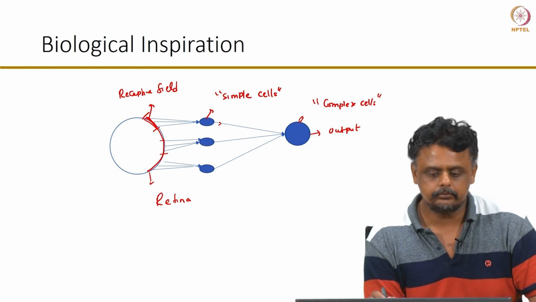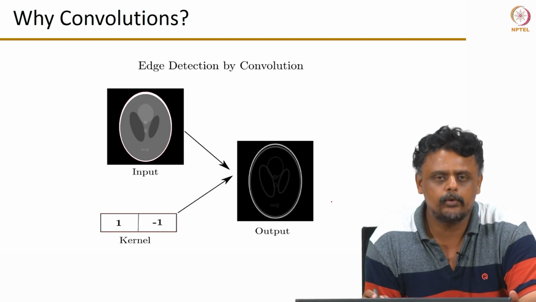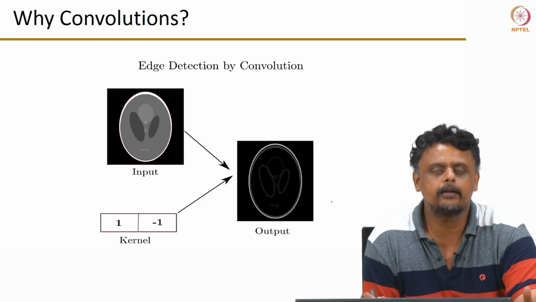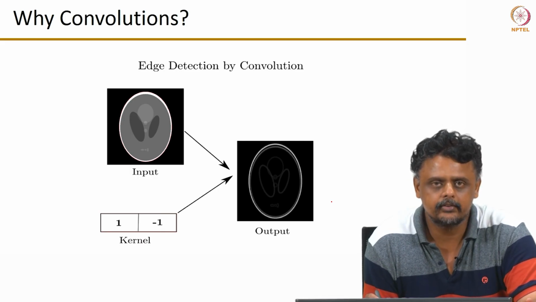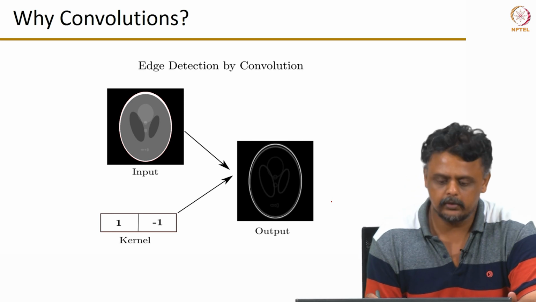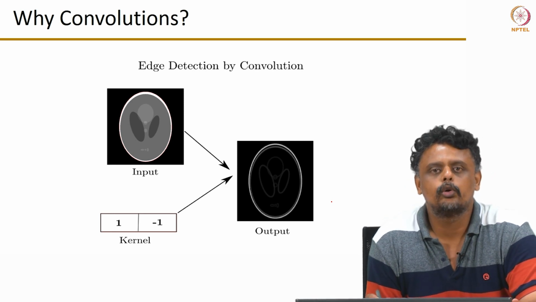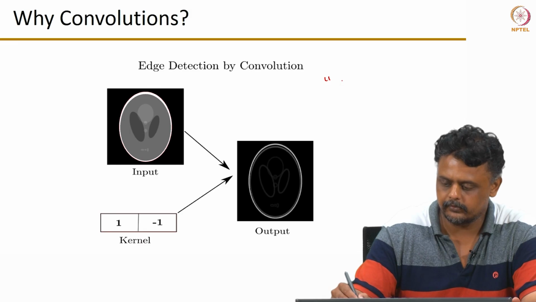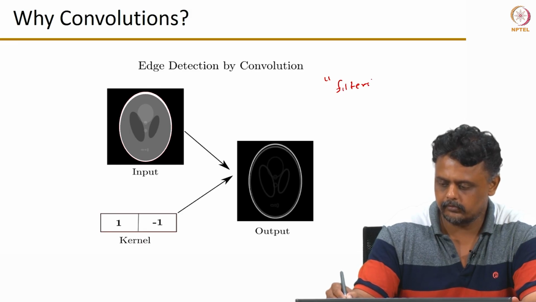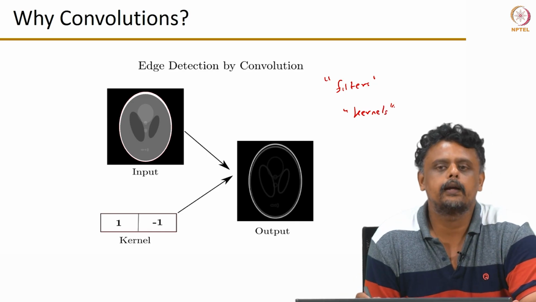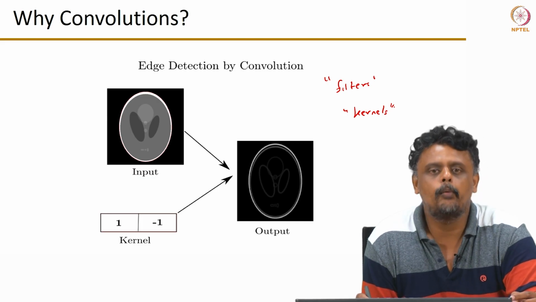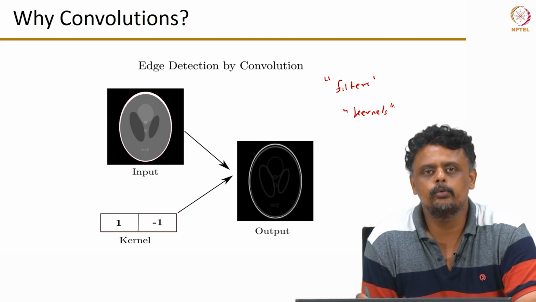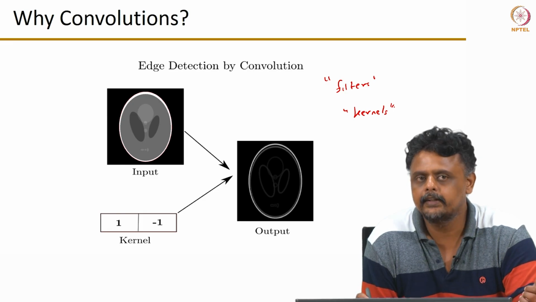So, another way of looking at why you use convolution is that if you go back to signal processing or conventional image processing techniques, it is well known that if you have an image, we can define filters or what you call kernels. You can have filter kernels as they are called, which, if you operate on an image, should be able to extract different features from it.